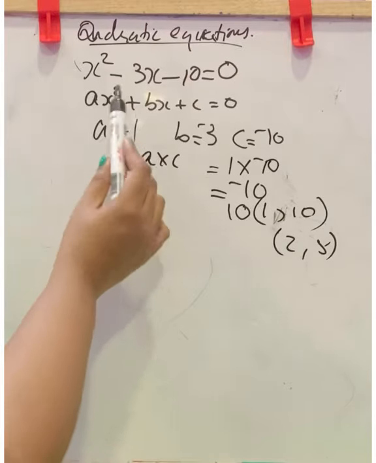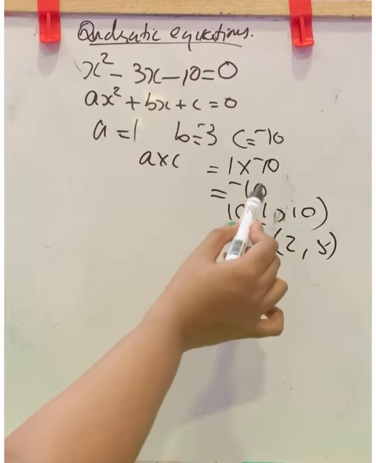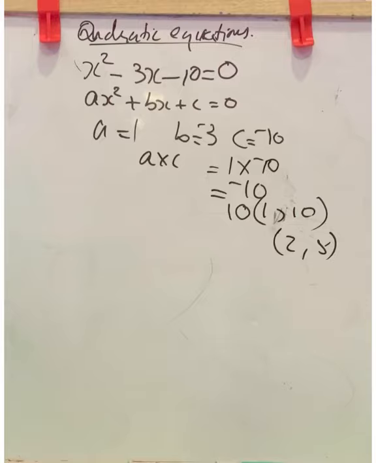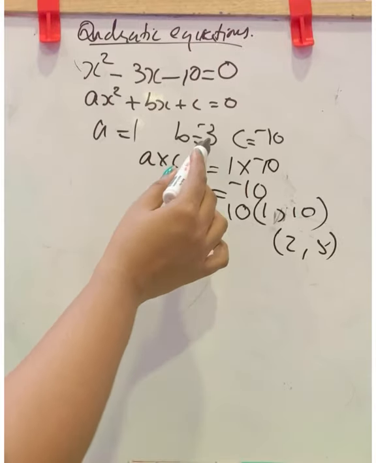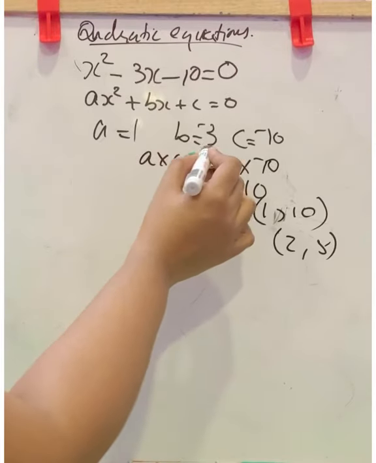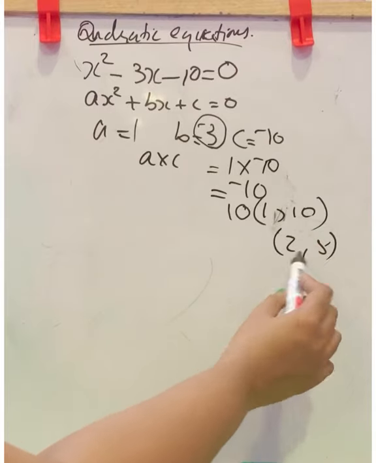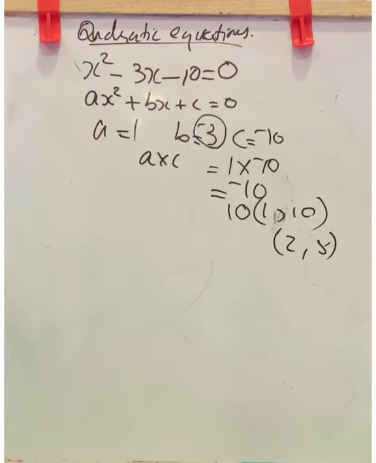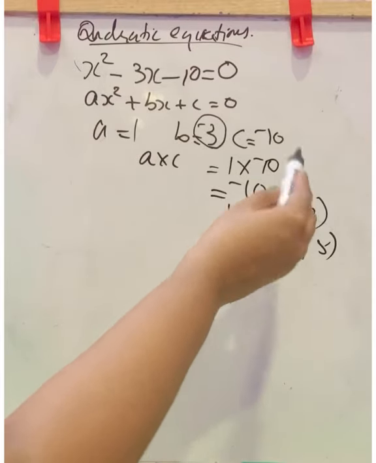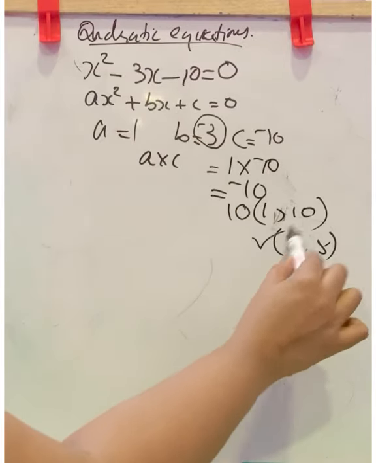So what we did: first we multiplied a into c and we got an answer. We check it without its sign, then find the factors: 1, 10, 2, 5. Now check what b is. b is negative 3. Now after operating between the factors, you have to get negative 3. With 1 and 10, after adding or subtracting, negatives or positives, you will never get negative 3. But take this pair, 5 and 2.